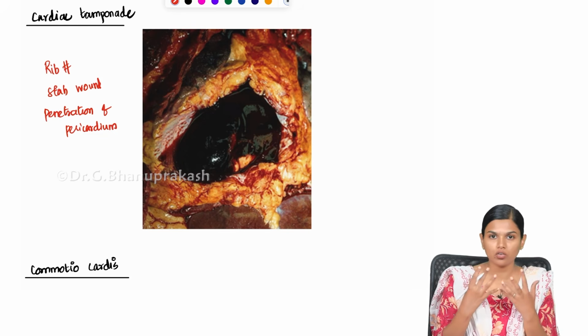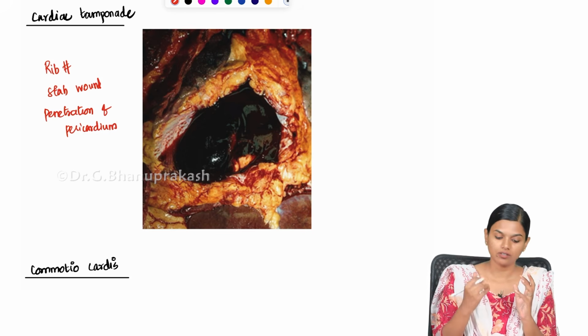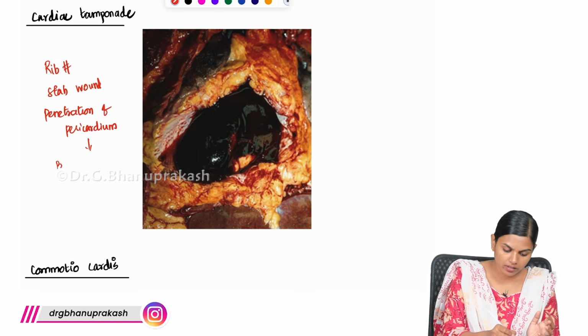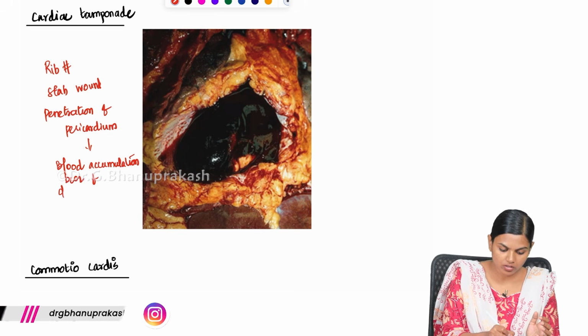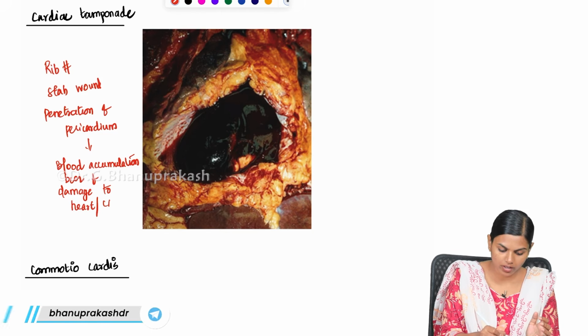There will be oozing out of blood, and all the blood will accumulate because of damage to the heart or coronary arteries.